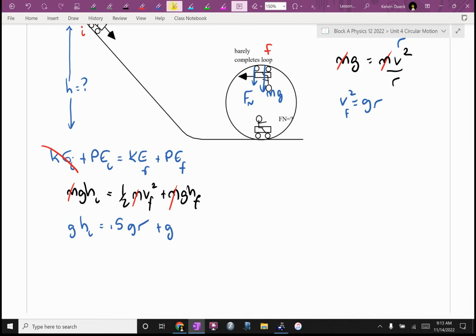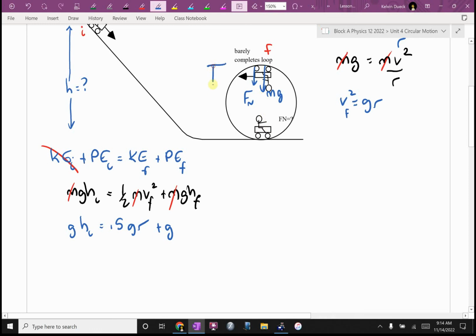What do I call that distance right there? What letter have I used for radius? How far from here to here? So here's my question.